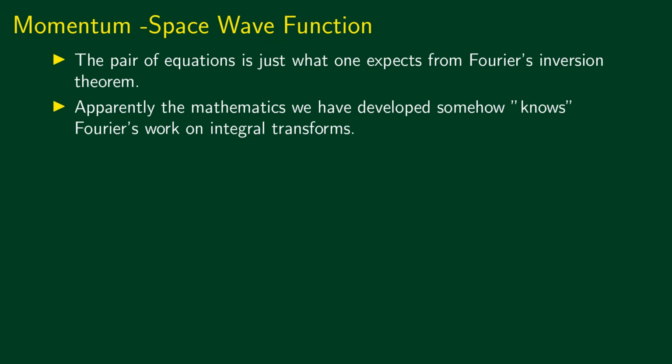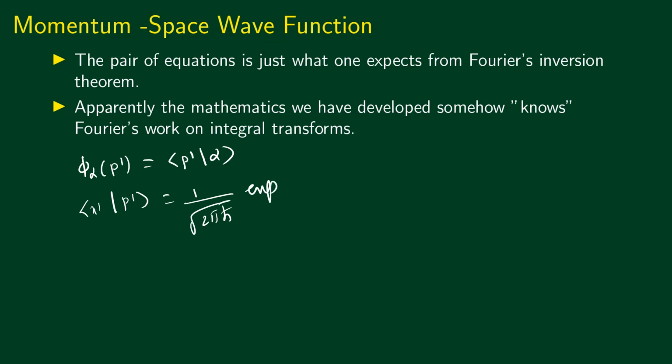We have seen the momentum space wave function phi alpha of p prime is equal to bra p prime ket alpha, and this is the probability amplitude for measuring a momentum p prime in a state ket alpha. Then we had the momentum eigenket in the position basis, which has the form 1 divided by square root of 2 pi h bar exponential i p prime x prime divided by h bar.